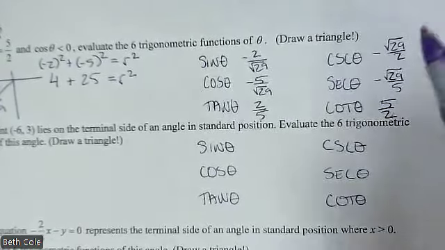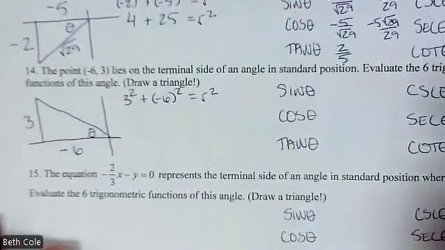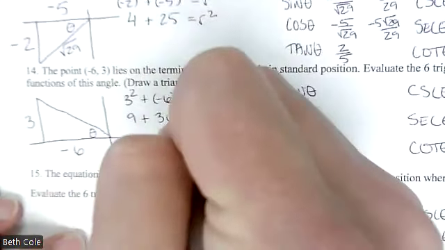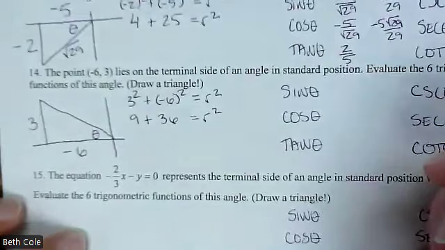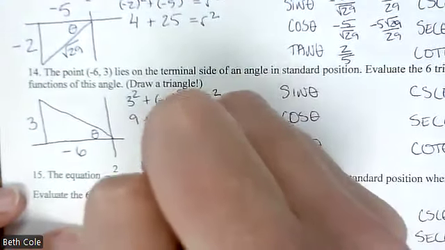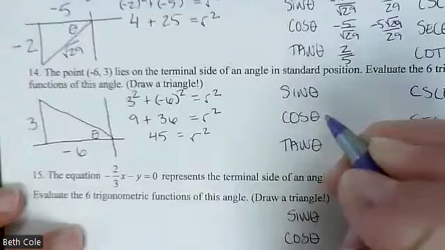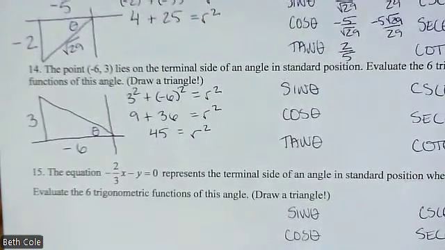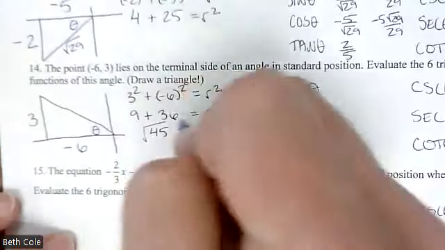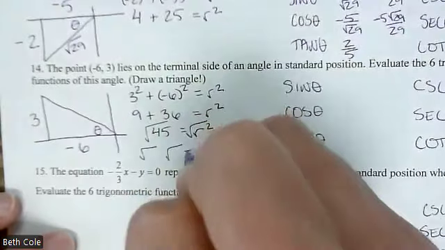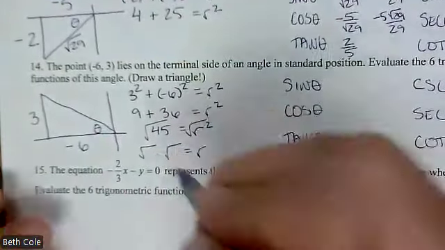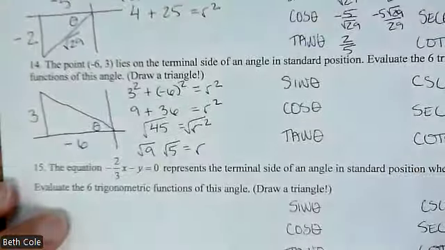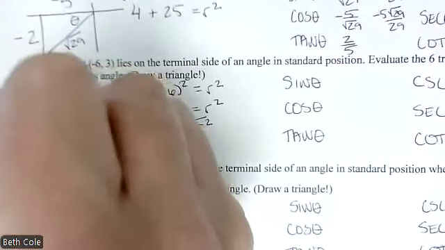Let's all just make sure we get the same thing. Everybody just work that out on your own. We'll make sure we get the same thing. I got 45. Is that okay? Now that one does split. What will your square root of 45 split into? Yeah, 9 and 5. So 3 square root of 5.